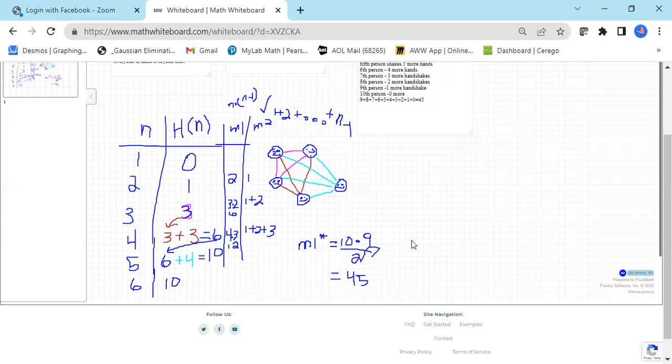That makes sense. So, because each handshake, one handshake counts for 2 people. And 1 handshake for 2 people. So divide by 2.